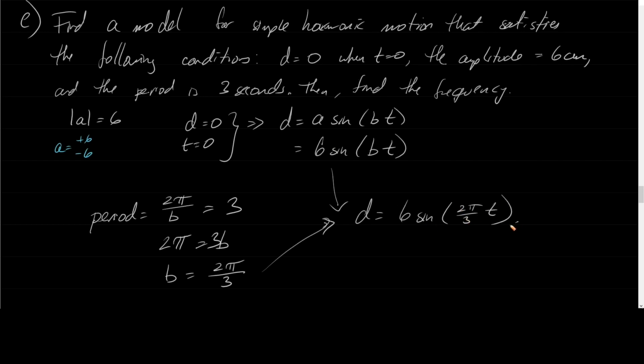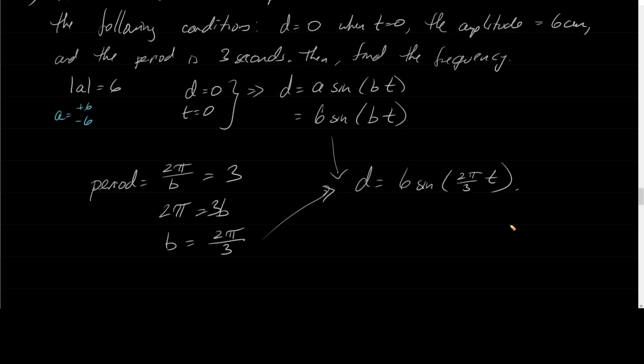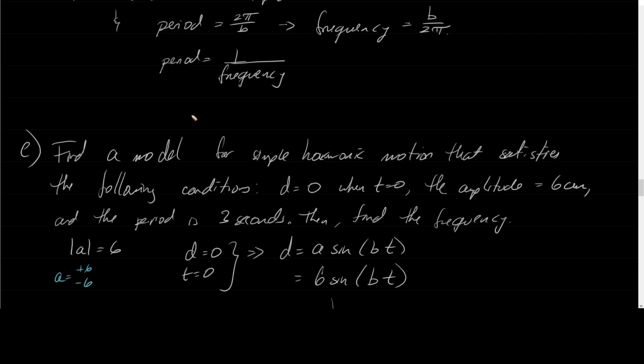Now, the next thing we got to figure out here is what is the frequency? Well, we already know the period, and we know from up here that the period is the reciprocal of the frequency. This would also tell us that the frequency is equal to the reciprocal of the period.